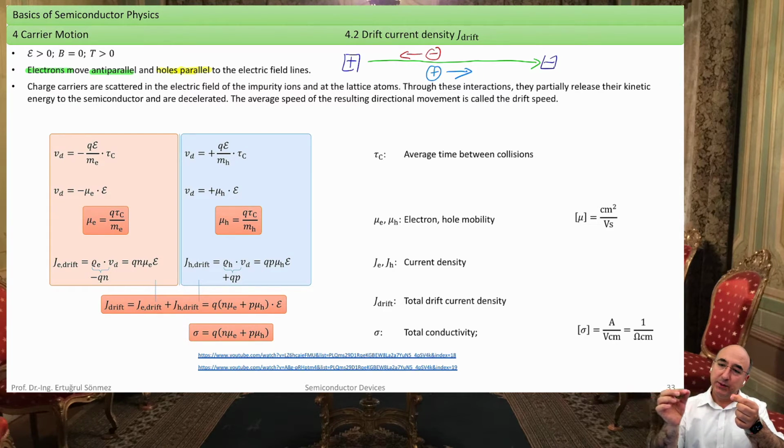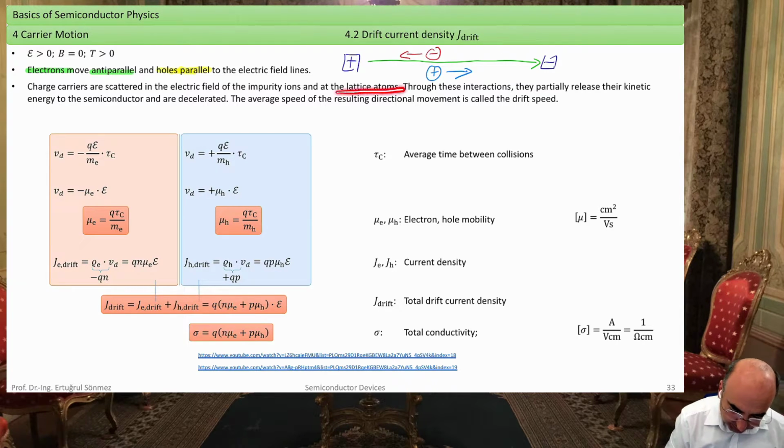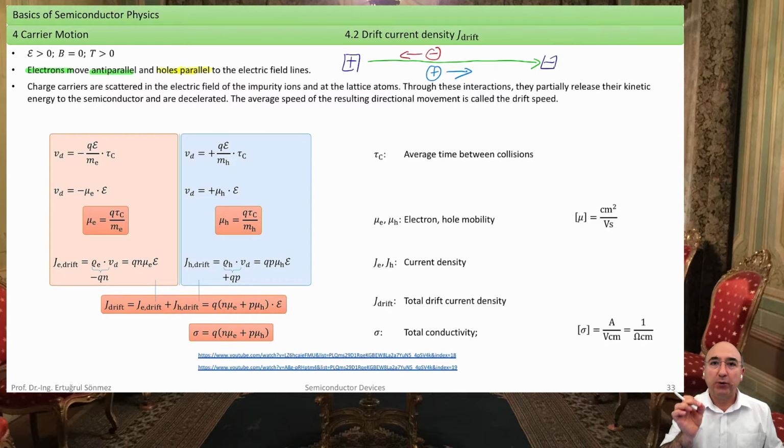If the electron is scattered by the atoms in the crystal, then you talk about scattering at the lattice atoms. That's called phonon scattering. Now you have not only the neutral atoms in the lattice, but you also have the dopants in the lattice. What has a dopant done? A dopant of phosphor has donated one electron.